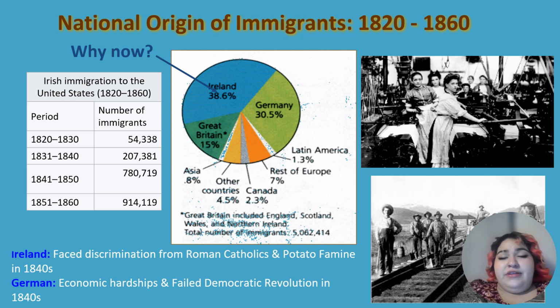So their main focus is to move to a new country to find jobs and make money. But also in the 1840s, Germany is going to go through a failed democratic revolution, right? Germany is going to attempt to establish a democracy in their country that is going to fail, leading to a rise in political tensions between the people, in which people are going to leave their country.